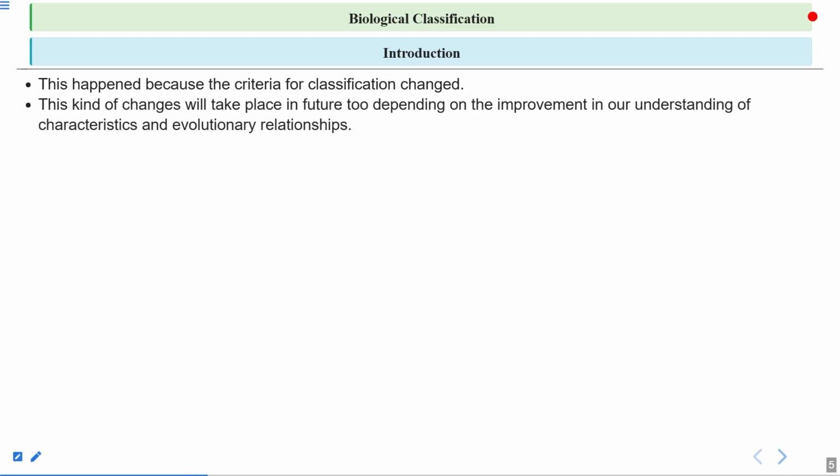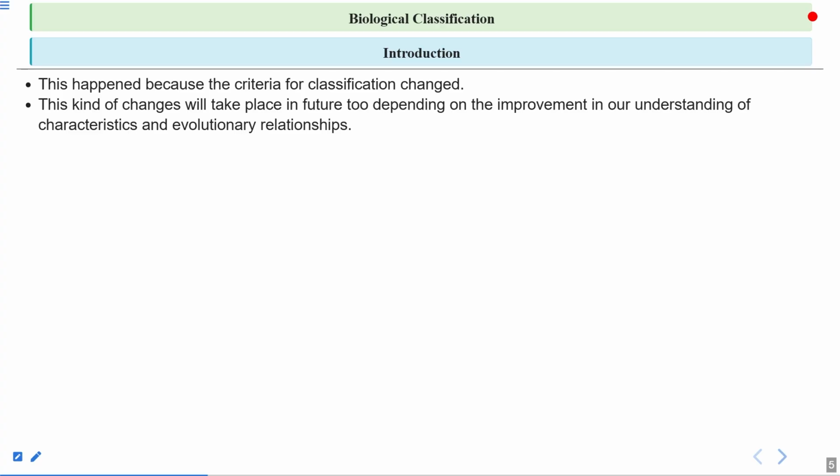Now, these changes will happen in future also, because we are including new features now. We are including features like, as I've already told you, the cell wall, the nature of reproduction, and evolutionary relationship.